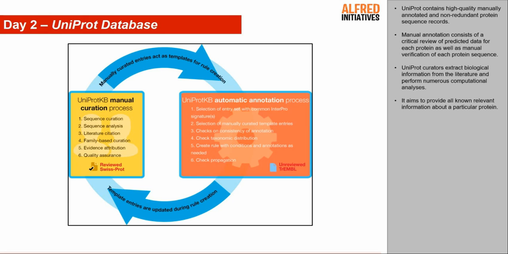It aims to provide all known relevant information about the particular protein. Annotation captured from the scientific literature includes information on protein and gene names, function, catalytic activity, cofactors, subcellular location, protein-protein interactions, and much more.